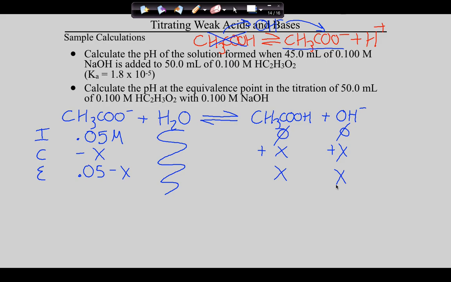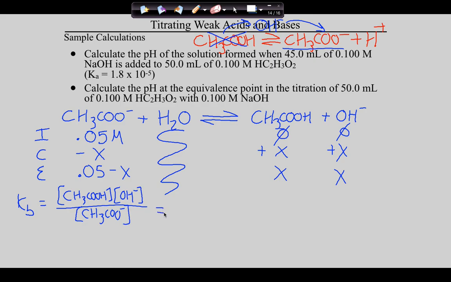But what kind of K expression? Kb. So Kb is equal to CH3COOH and hydroxide, and on the bottom our conjugate base ion, which is acetate, not the water.